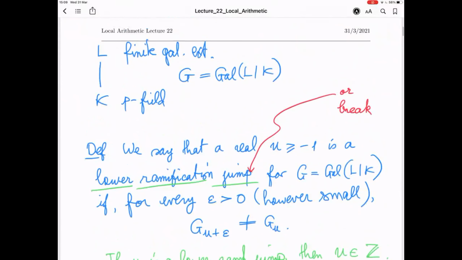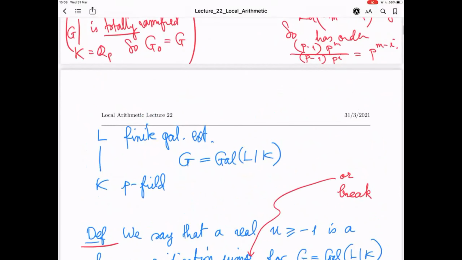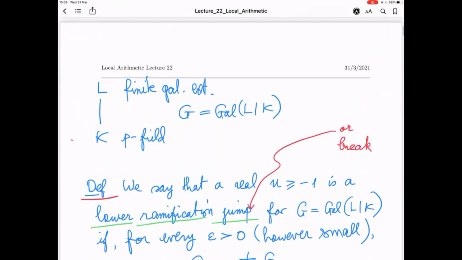Now here seems to be a definition. So let's forget about this particular extension. Let's take an arbitrary p-adic field K, an arbitrary finite Galois extension L of K, and let G be the Galois group.